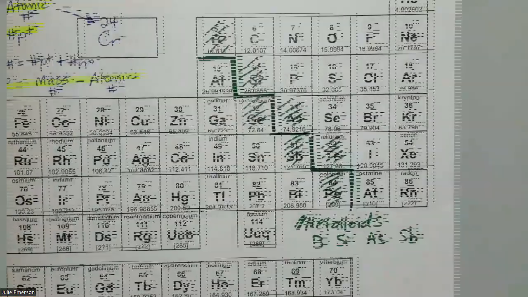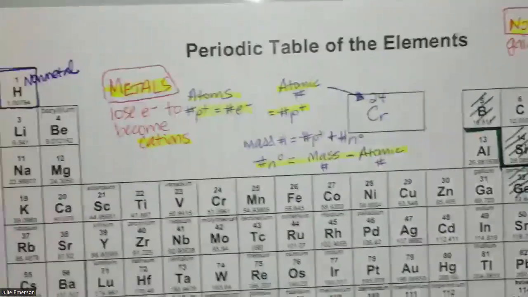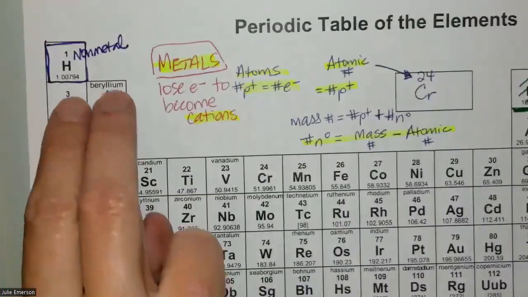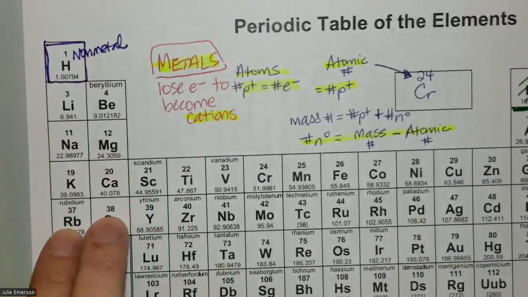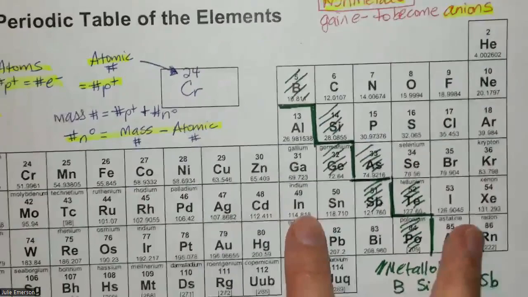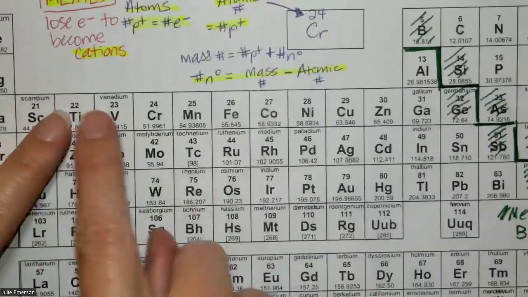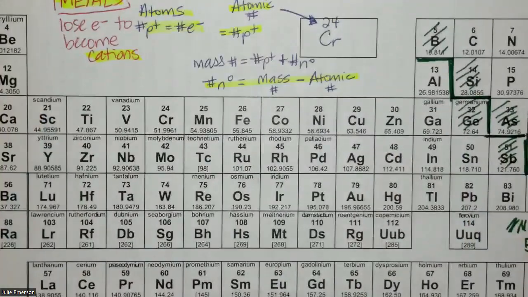All right, then if we keep going, our main group elements. You notice on your periodic table, you've got 2 tall columns on the left and 6 tall columns on the right. Those are what are called the representative elements or the main group elements. In the middle 10, let me grab a different colored pen really quick.